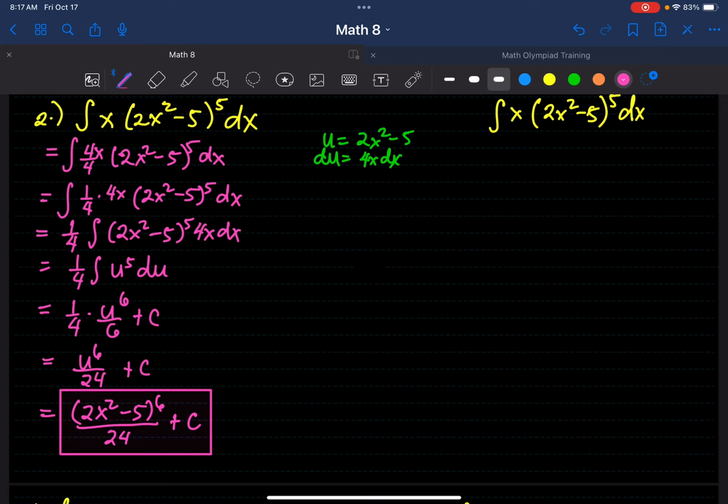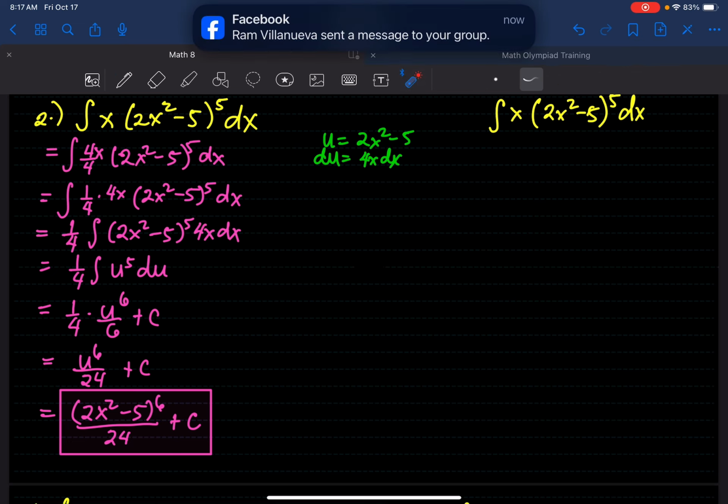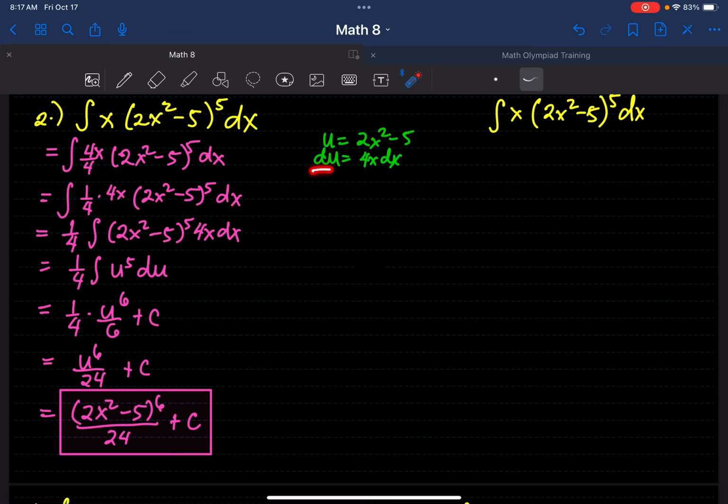So the other way to solve this, substitute dx. We already know that du is equal to 4x dx. Let's divide both sides by 4x. Cancel. So the value of dx is equivalent to du over 4x.